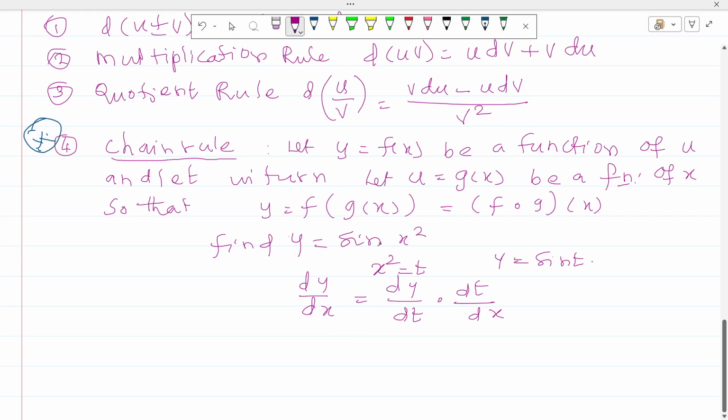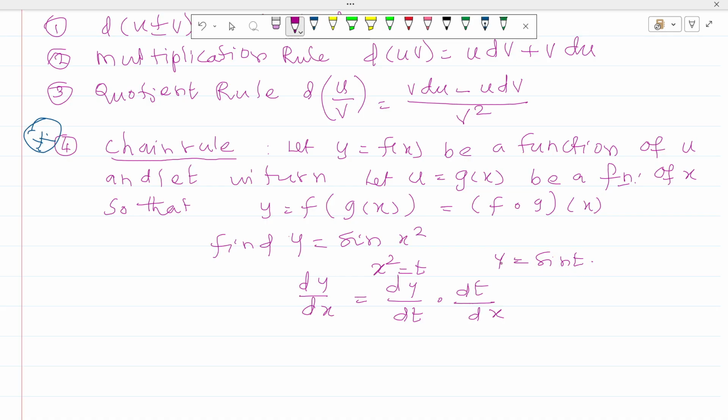If y equal to sine x square is there, you have to take x square equal to some t, then y equal to sine t.